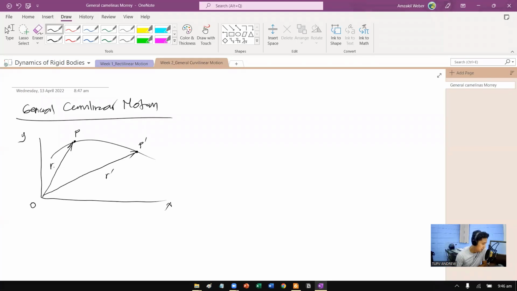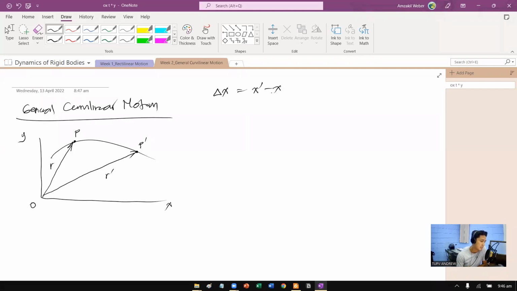We know that the change in position is known as the displacement, correct? Previously, recall that displacement Δx is equal to final x minus initial x: the final position along the x-axis subtracted by the initial position along the x-axis.